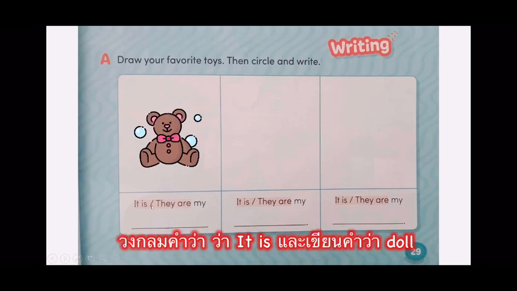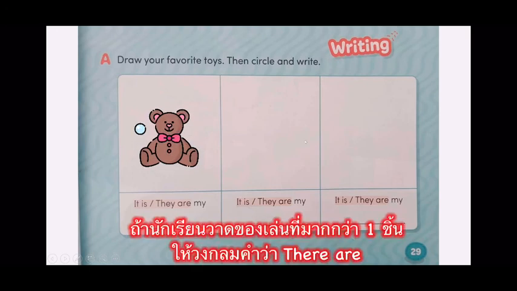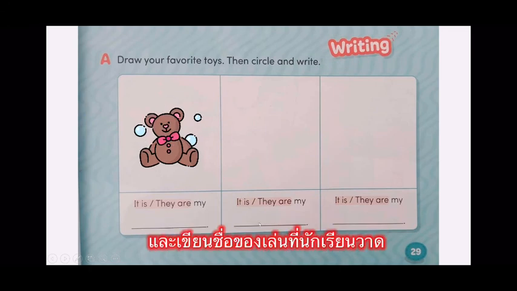See, I circle it is, and then write the name here, doll. Do the first box, second box and the third box. If you draw a lot, you have to circle they are. If you draw only one, you have to circle it is, and then write the name of what you have drawn. What toy do you draw?